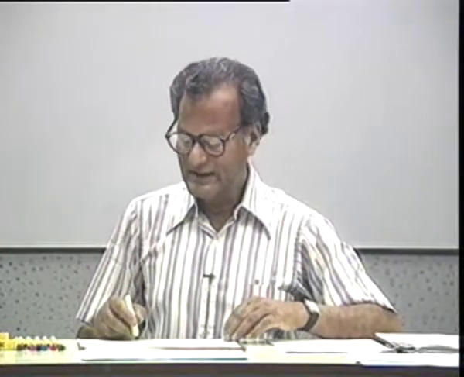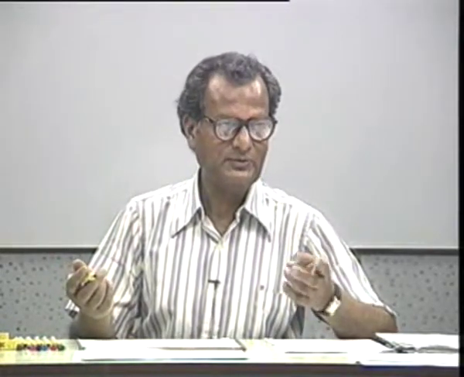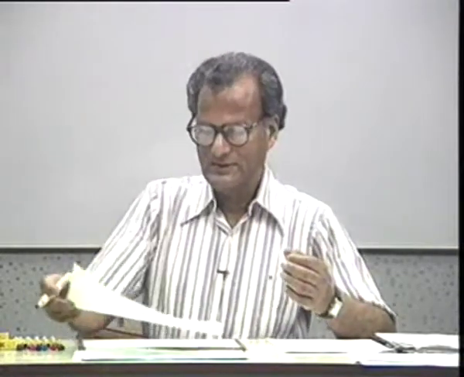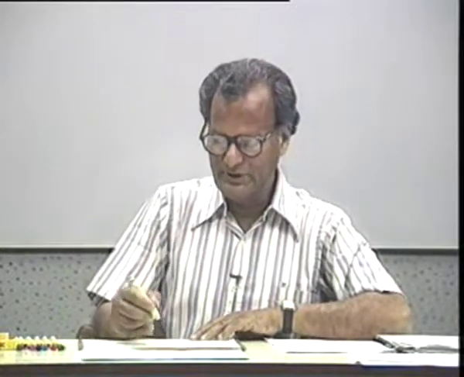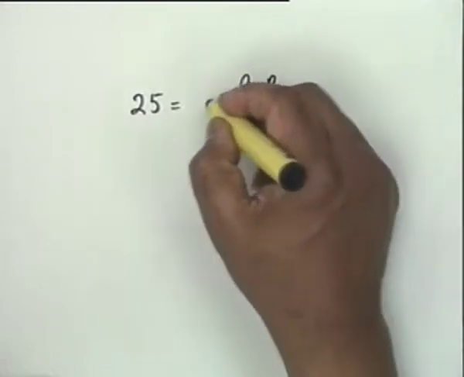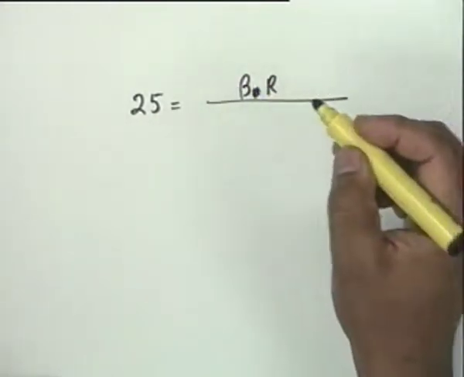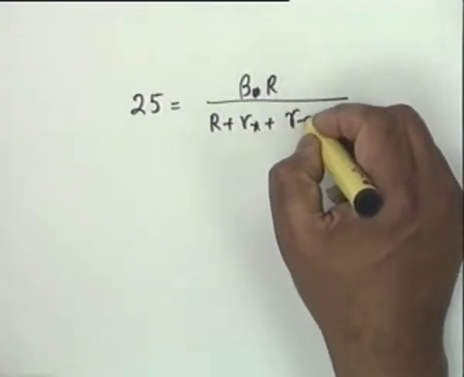As far as the gain is concerned, the absolute value of gain is not very critical, it's not very important. What is important is up to what frequency can you go. Now, this constraint that 25 should be the midband gain makes it 25 equal to beta R divided by R plus Rx plus R pi.